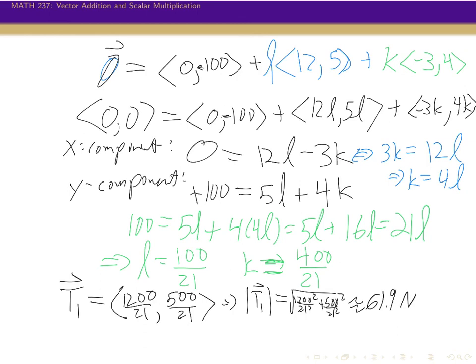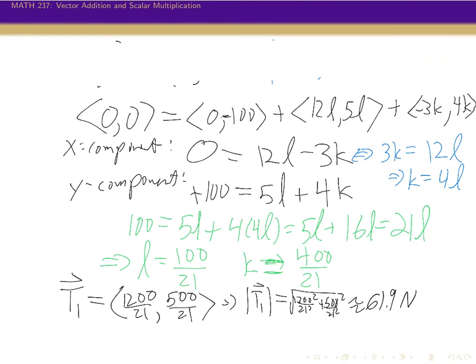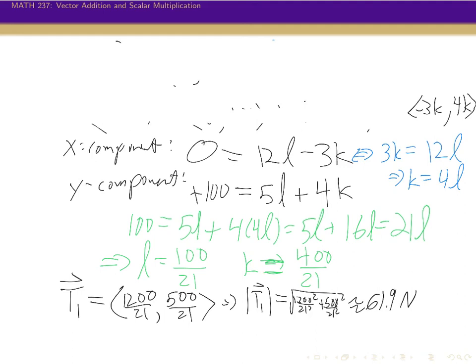And so then what's the magnitude of T2? Well, T2, let's clear out some space here. T2 is K times (-3, 4).